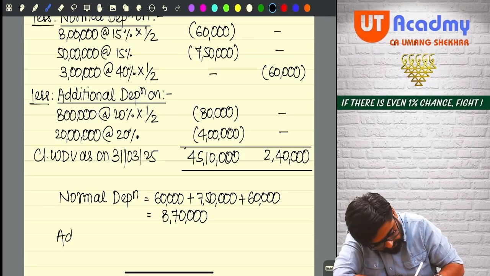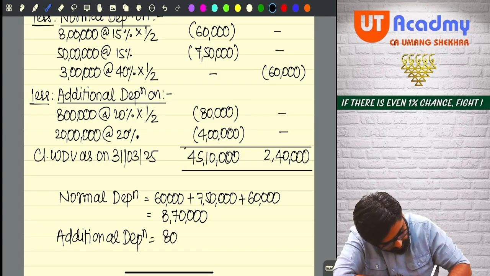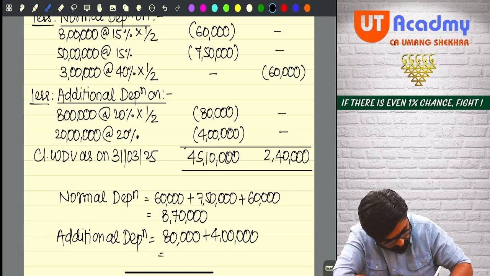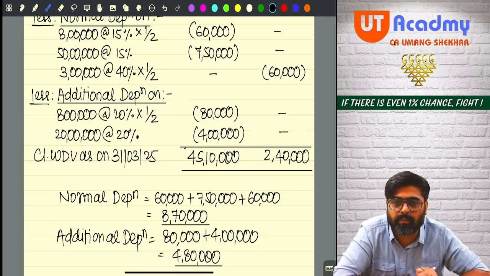And what is your additional depre? Additional depreciation is 80,000 plus 4 lakhs. That will give you 4,80,000. If you get these two answers, only then you will be getting the marks in the exam.